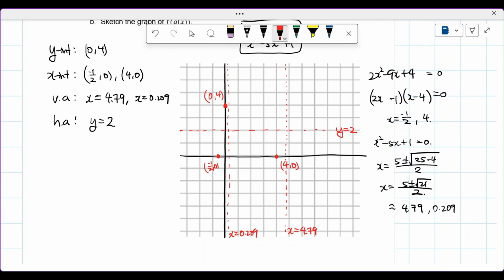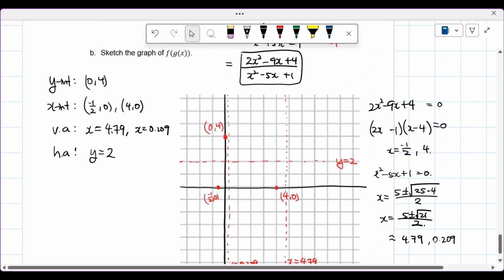Well, the first thing that I know, sorry, x-intercept was positive 1 over 2, my bad.